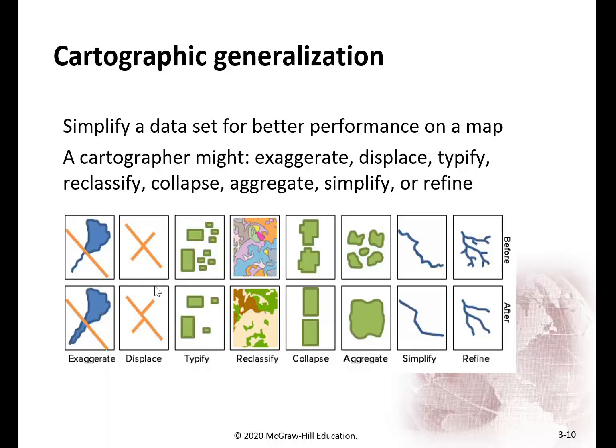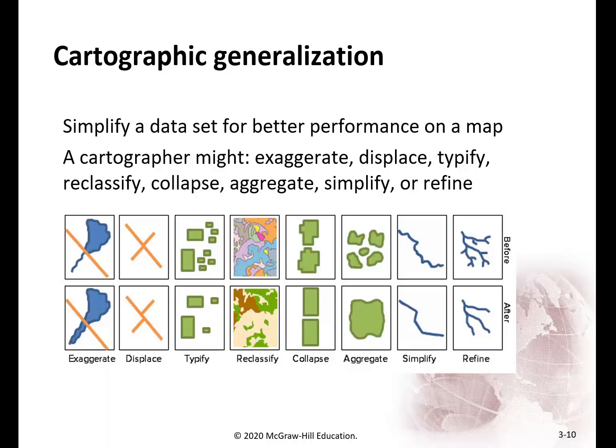These first three cartographic generalizations, exaggerate, displace, and typify, fall under a type of generalization known as falsifying data. While this should be used sparingly, and a note should be made on the map indicating that these techniques have been used, sometimes it can be a very effective tool when it comes to representing data, again, depending on the scale at which our data is being represented or shown on a map.